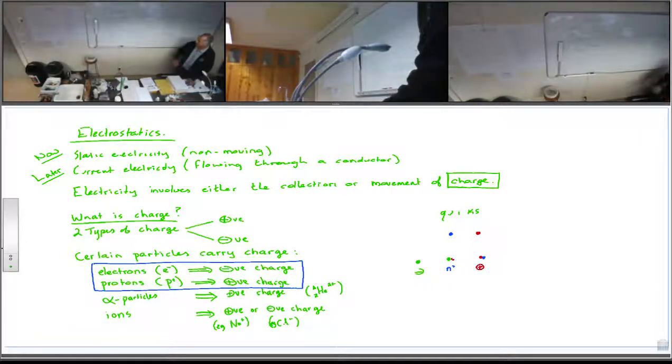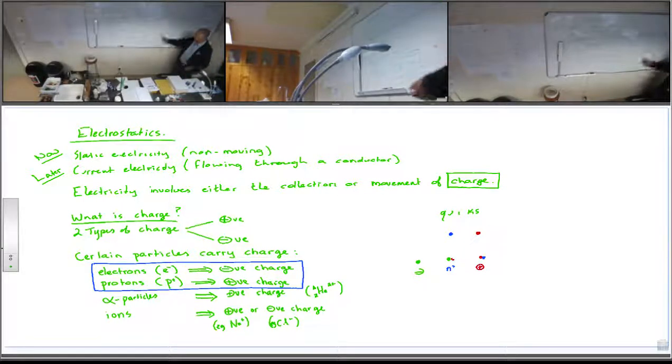So you could make up protons. Sorry, this here is an electron. Electrons are made up of green and blue quarks. Neutrons are made up of green and red quarks. And protons are made up of red and blue quarks.